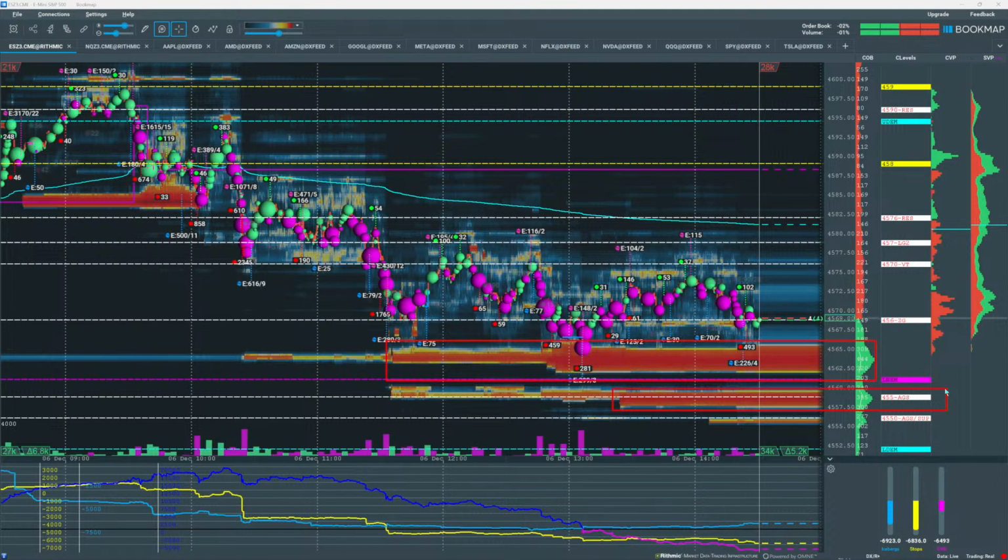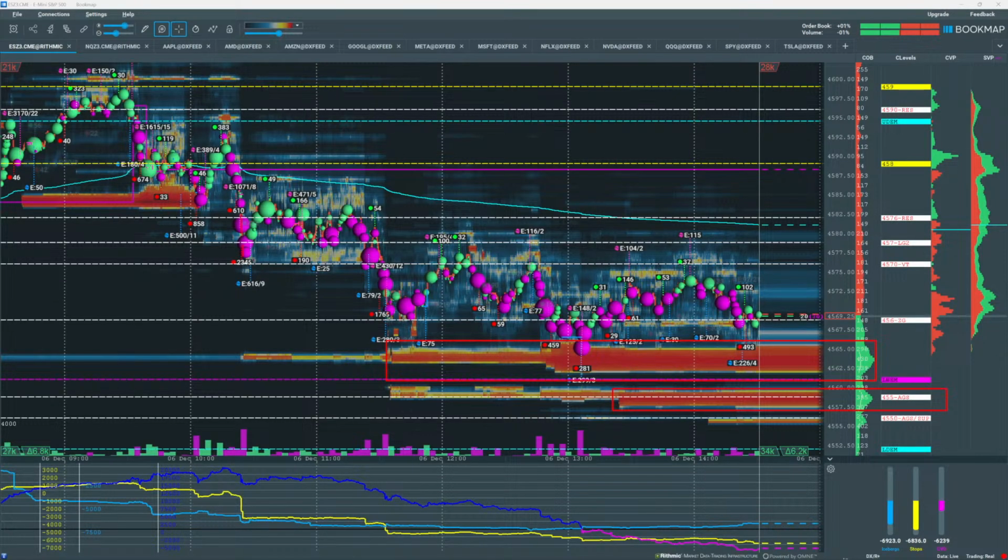Today the 10-year yield continues to move lower. I've got the 10-year futures at 4.119. Let's check VIX. VIX also lower for the day, so kind of interesting.